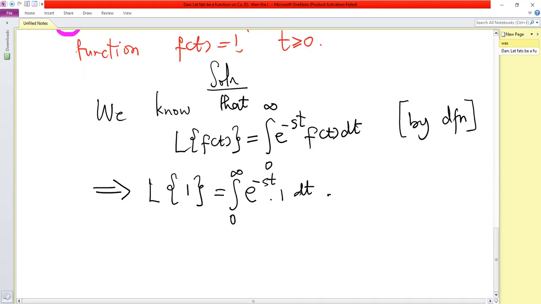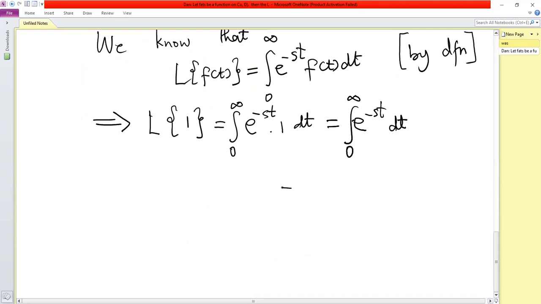This is the same as the integral from 0 to infinity of e raised to power negative st dt, which can be written as the limit as r approaches infinity of the integral from 0 to r of e raised to power minus st dt.